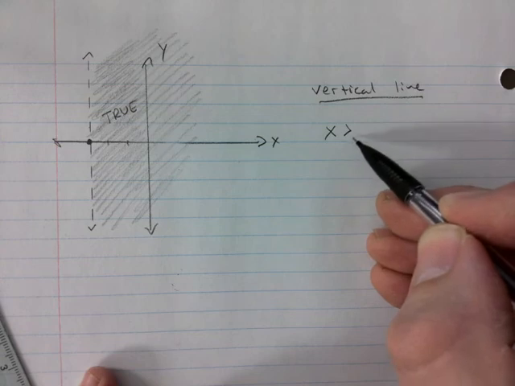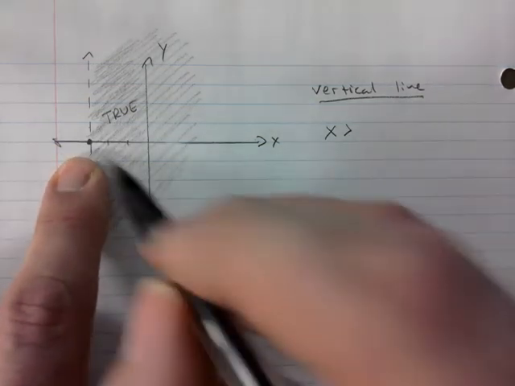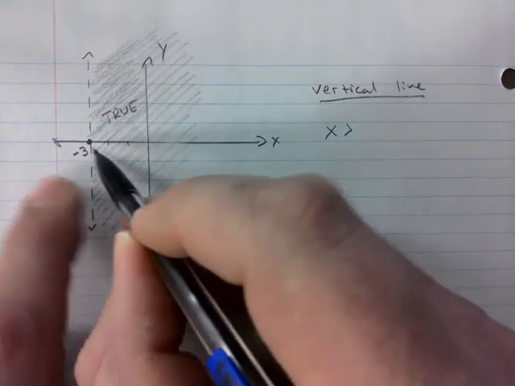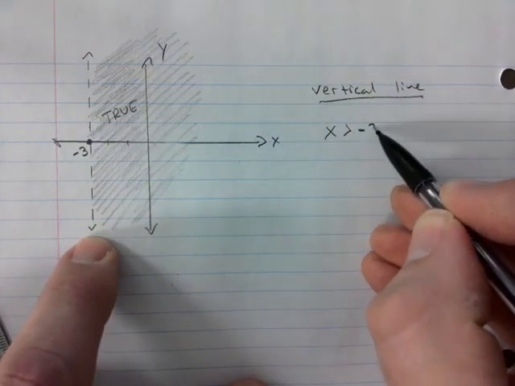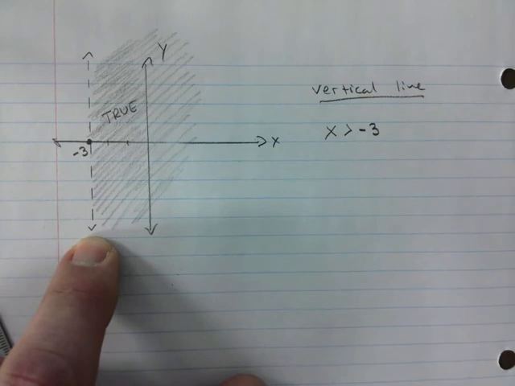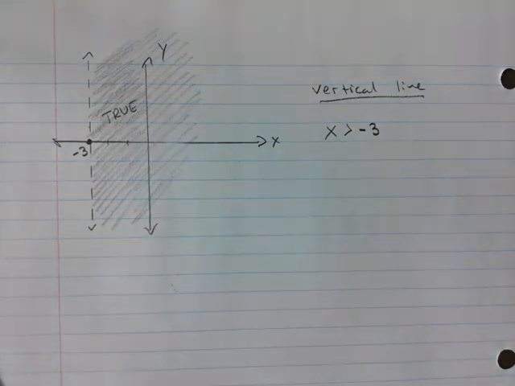In this case, we don't. And then you just look at, this is -3, right? So this is x greater than -3. That's it. So no intercept, right? You don't need to find the y-intercept. When it's a vertical line, it's just a special case.